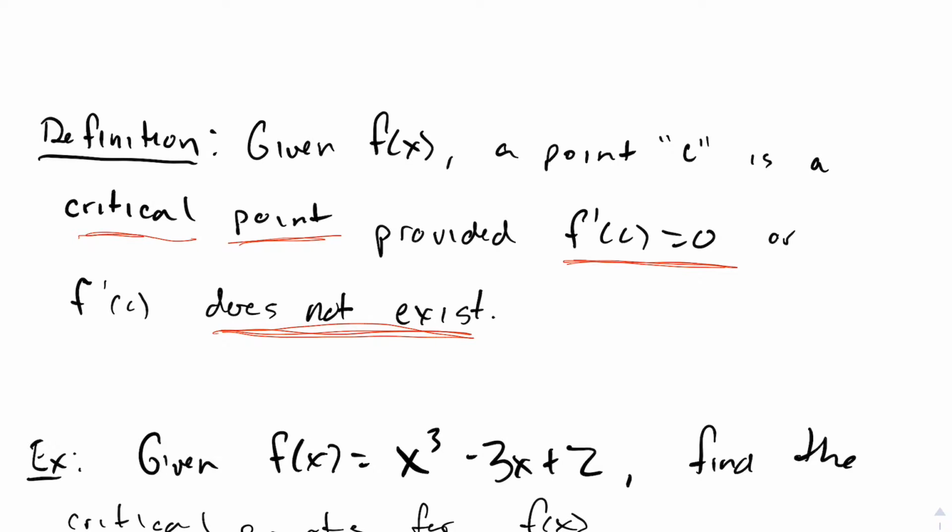This point will come more into fruition as we move on, a point where the derivative does not exist. But what we want to take from this is that a critical point is going to be any point for our function f of x where the derivative is equal to 0 there, or the derivative does not exist.